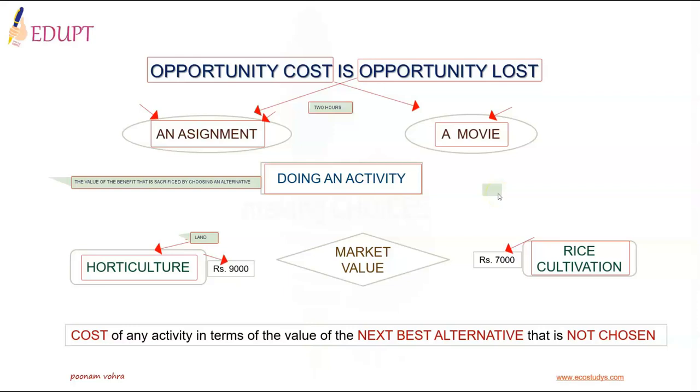Resources would be used for horticulture because the opportunity cost of employing resources for horticulture is equal to the loss of output of rice. That is the next best alternative use. So opportunity cost is the cost of any activity in terms of the value of the next best alternative that is not chosen.